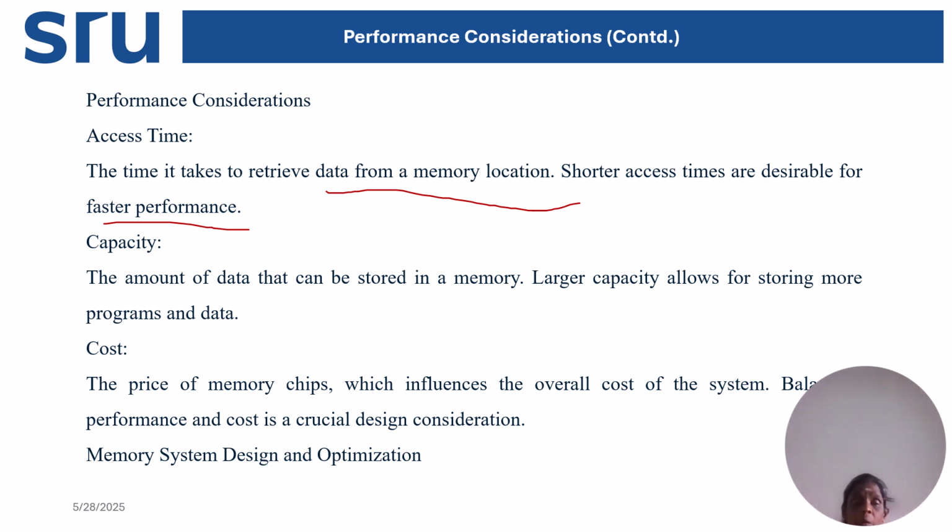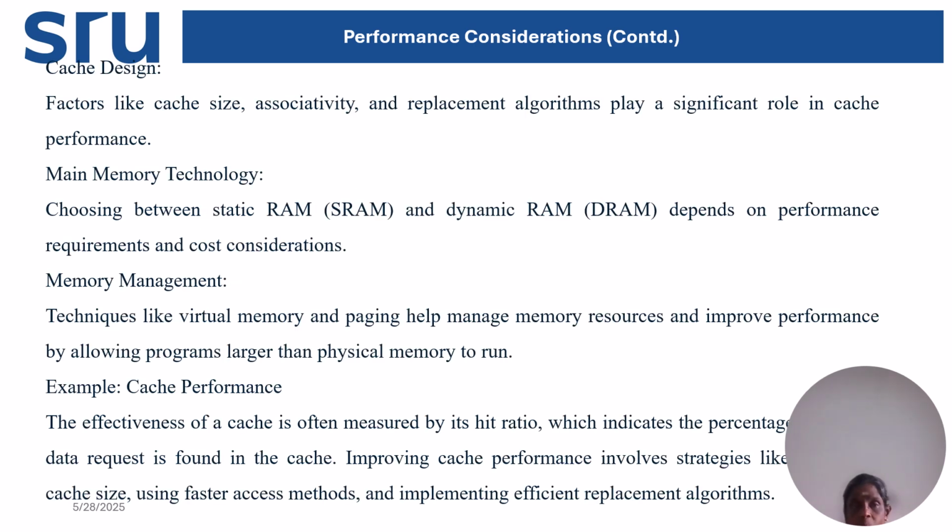And next one, memory system design and optimization. In this case, cache design factors like cache size, associativity, the relationship between the main memory and cache memory, and replacement algorithms play a significant role in cache performance.